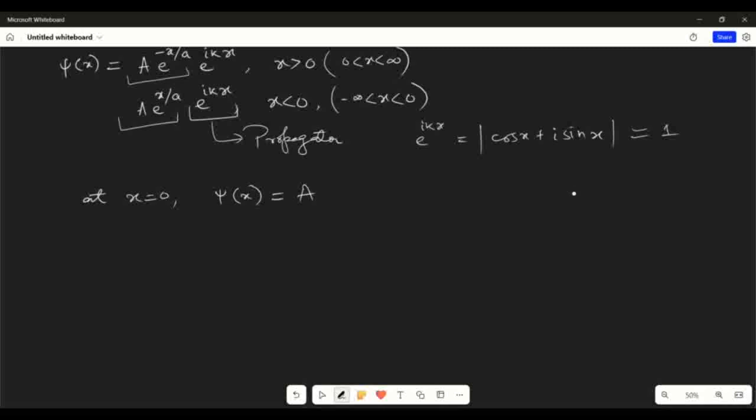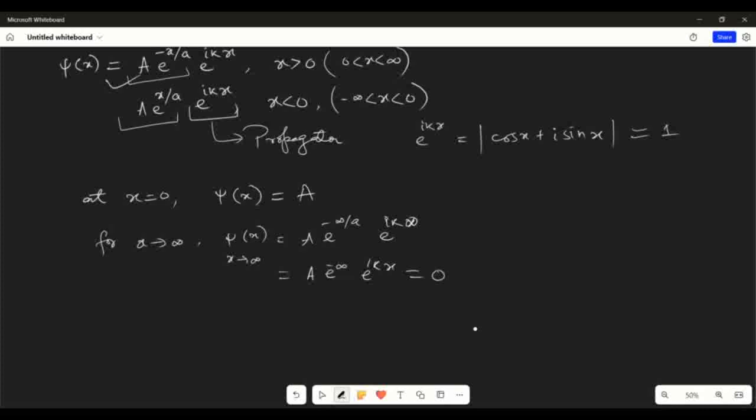For x tending to infinity, we have to take the first part of the wave function, since that is defined for the positive region. So the value is a e to the power minus infinity by a and e to the power ikx, the propagator part, which has a maximum value of 1. This comes to a times e to the power minus infinity times e to the power ikx, so it nearly comes to 0.